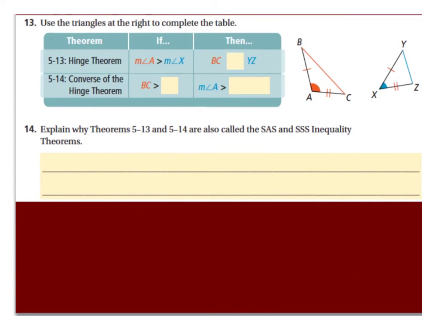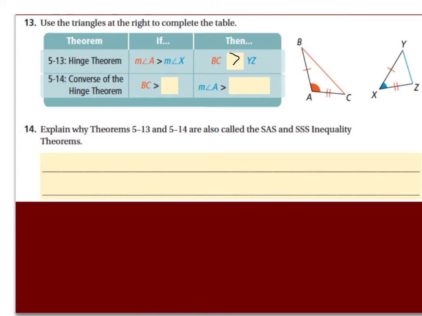So let's use the triangles at right to complete the table. Theorem 5.13, the hinge theorem: the measure of angle A is greater than the measure of angle X, and BC is greater than YZ.